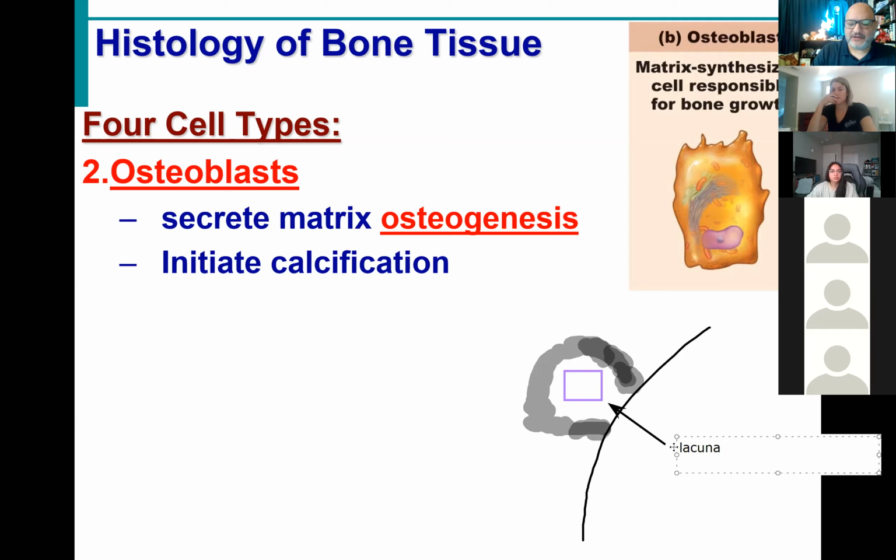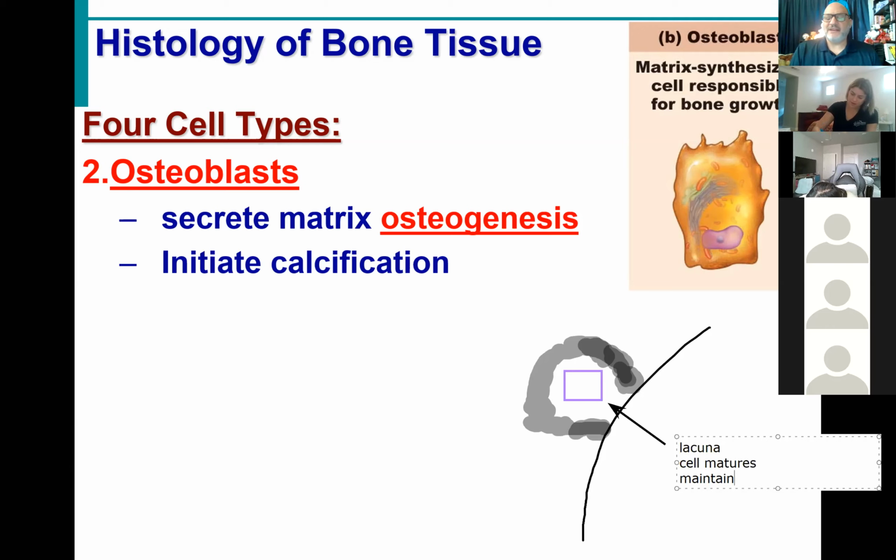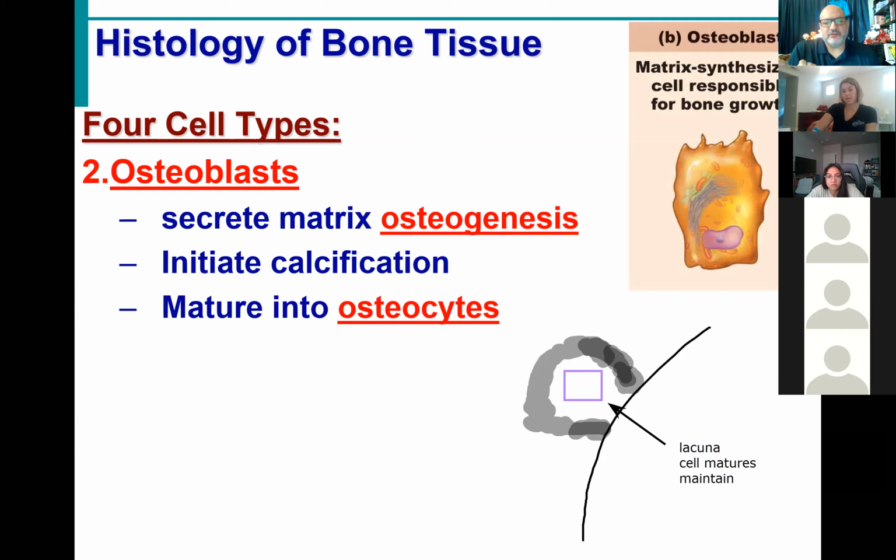So the cell matures, and now its job is to maintain the matrix. And when it matures to maintain a matrix, what kind of a cell is it then? Osteocyte. Excellent. It is the osteocytes.